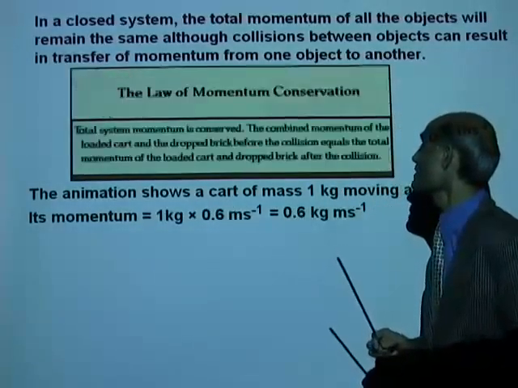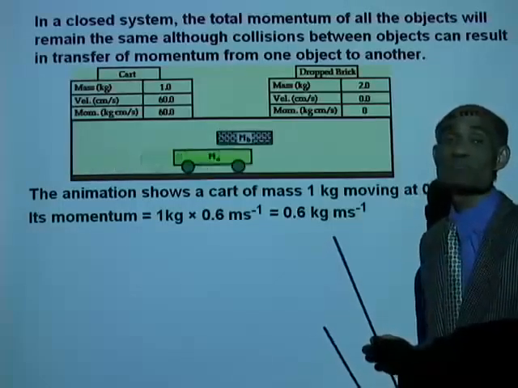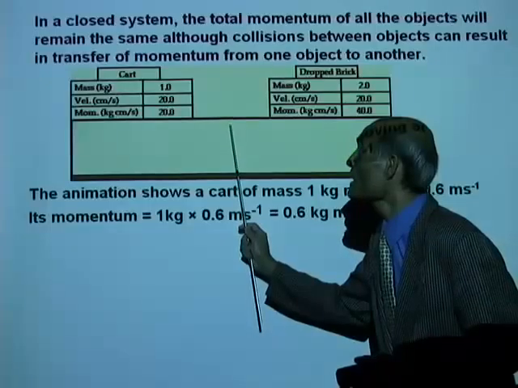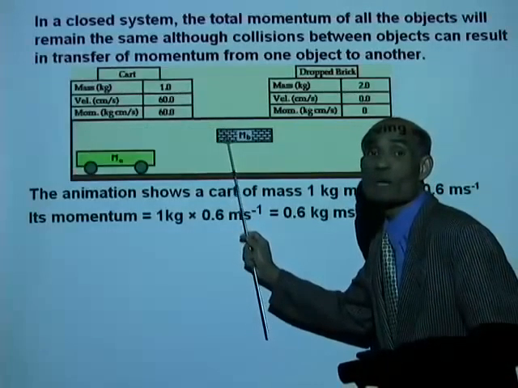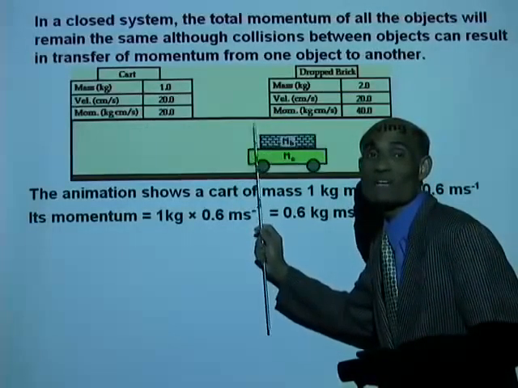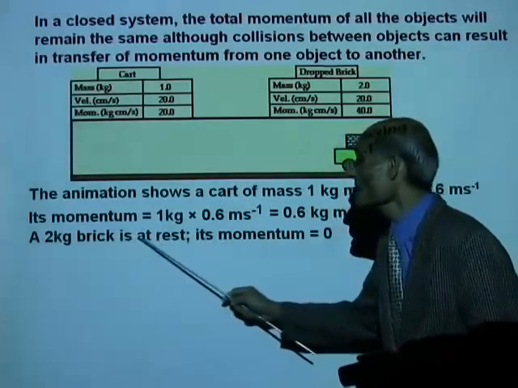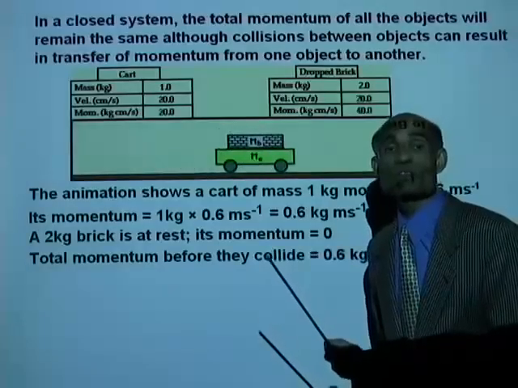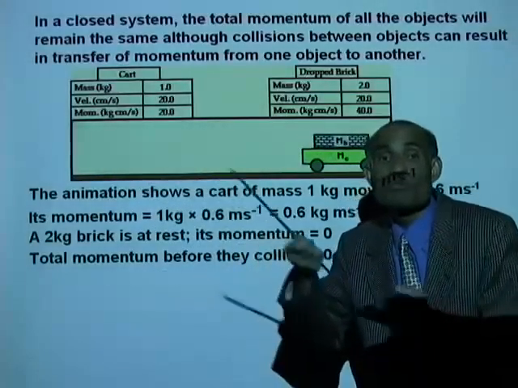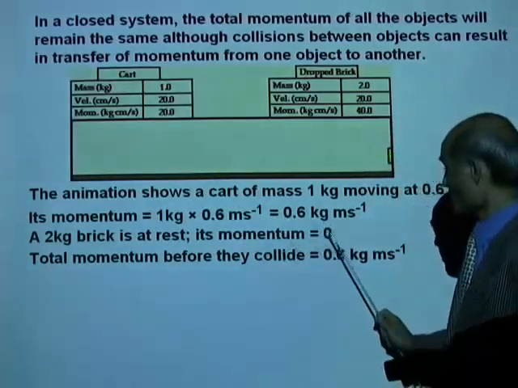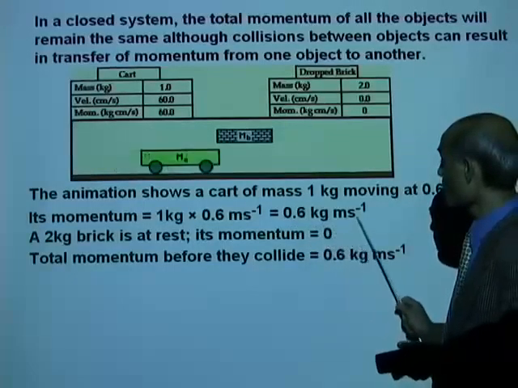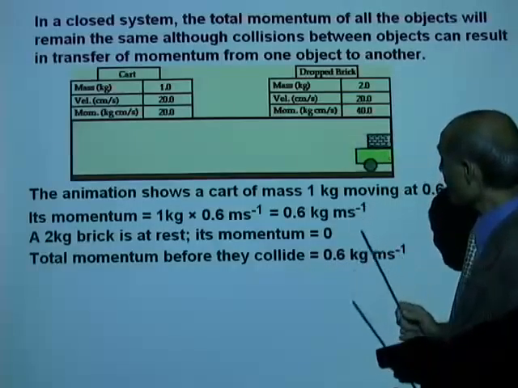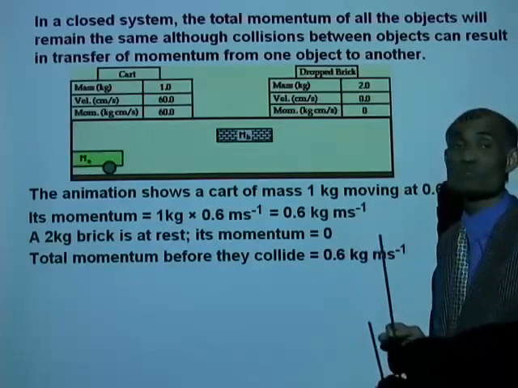That will be 0.6 kilogram meter per second. What is the momentum of the brick before collision? The brick is at rest initially, therefore its momentum initially is 0. What is the total momentum before they collide? It will be 0 plus 0.6 kilogram meter per second. That is 0.6 kilogram meter per second.